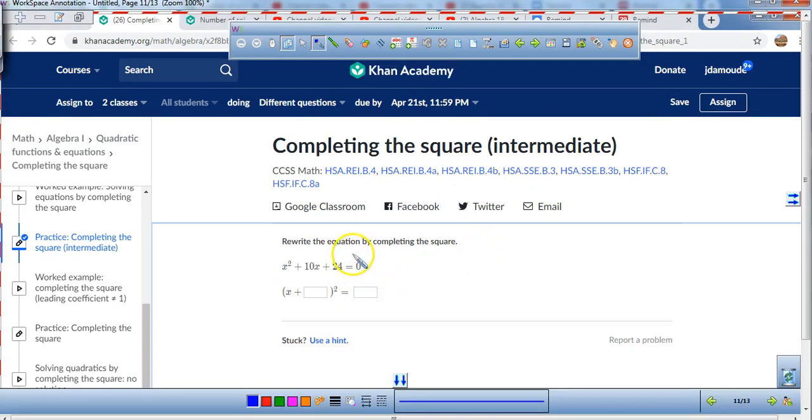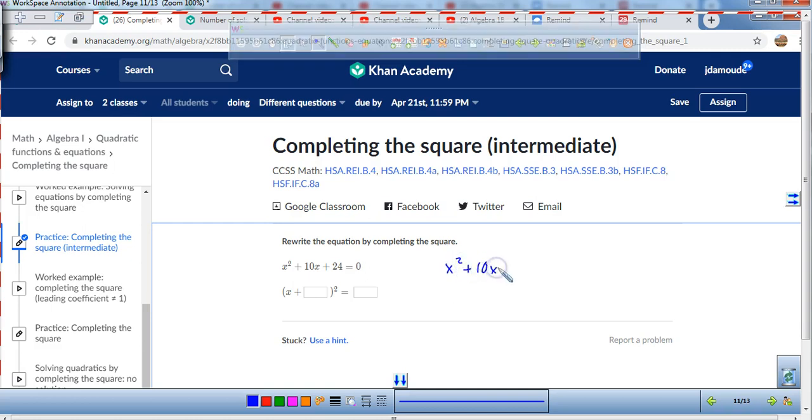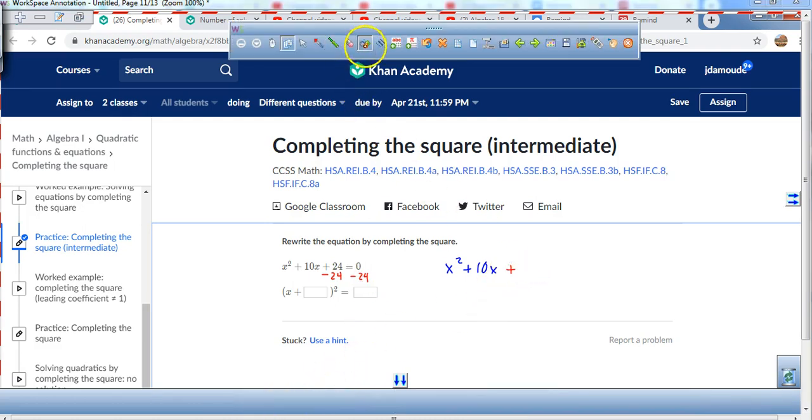Alright, we are going to rewrite the equation by completing the square. So once again, I'm going to start it out. X squared plus 10x. I'm going to take away 24 from both sides. That's going to be my first step. Take away 24, take away 24. So that will leave me right here. I'm going to put plus an empty box right here.